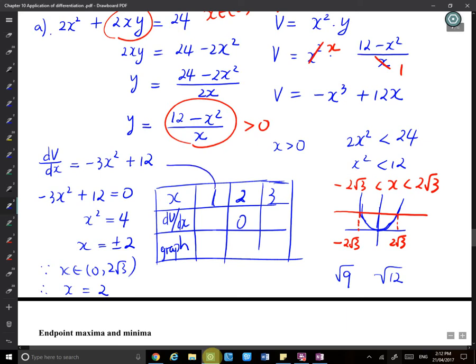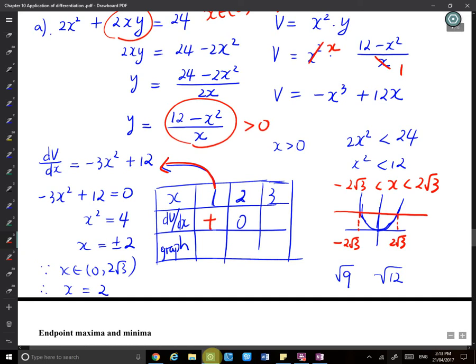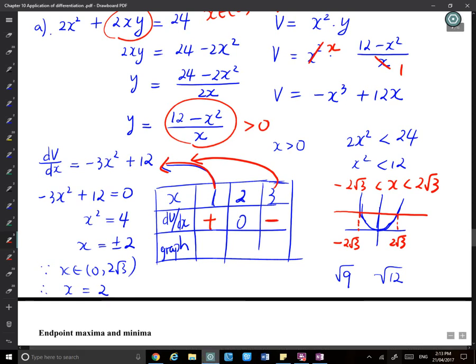Put 1 in dV/dx. Minus 3 times 1 gives you minus 3, plus 12, and that's a positive. And put 3 in dV/dx. Minus 3 times 3 times 3 is minus 27, plus 12, and that's definitely a negative.